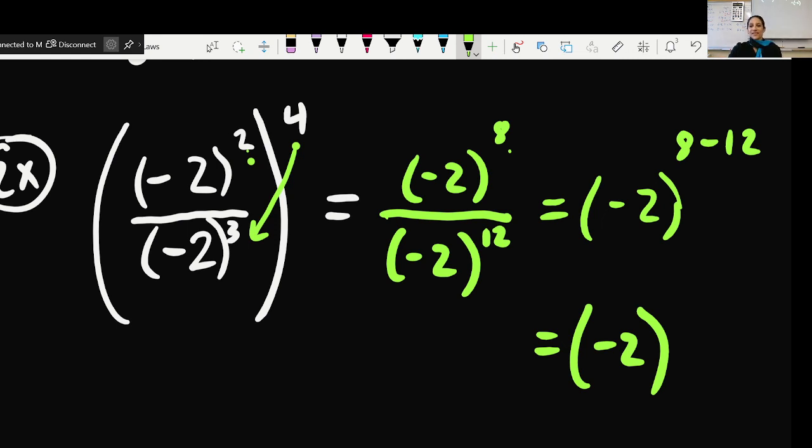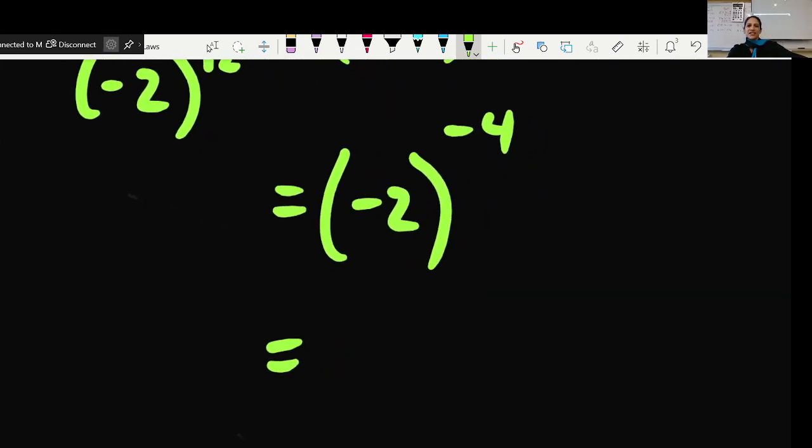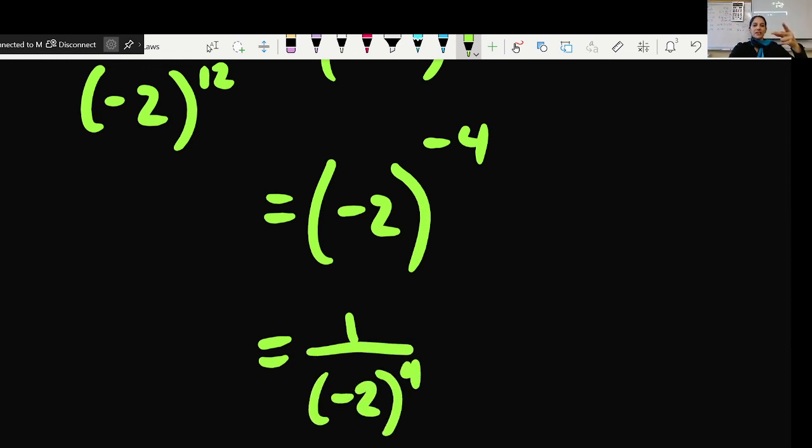-4. And this is getting a little bit tricky because there's a negative in the brackets and there's a negative for the exponent. We don't want a negative exponent. How do I make this positive? We flip it. Good. We flip it and take the reciprocal. So 1 over -2 to the positive 4. Is it reasonable to take 2 to the power of 4?